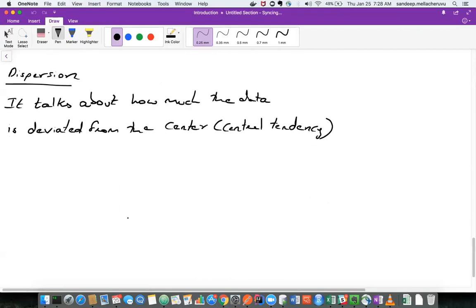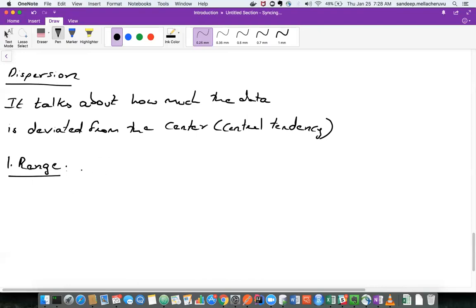In terms of dispersion, there are three different metrics commonly used. There are many, but three commonly used. The first one is called range. I think everyone might have used range at one time or another.